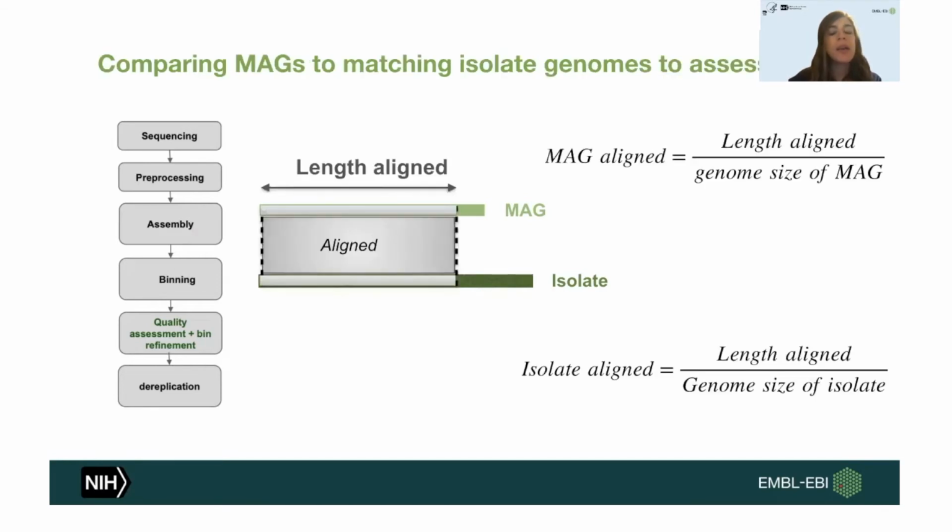We took all of the MAG isolate matches and calculated metrics such as MAG aligned, which is the length of the alignment divided by the genome size of the MAG, and the isolate aligned, which again is the length aligned divided by the genome size of the isolate.